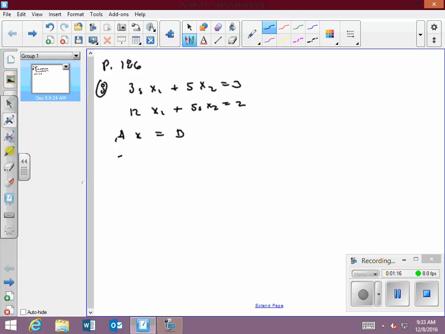So the A is 3s, 5, 12, and 5s. And the x is x1, x2, and the b is 3, 2.